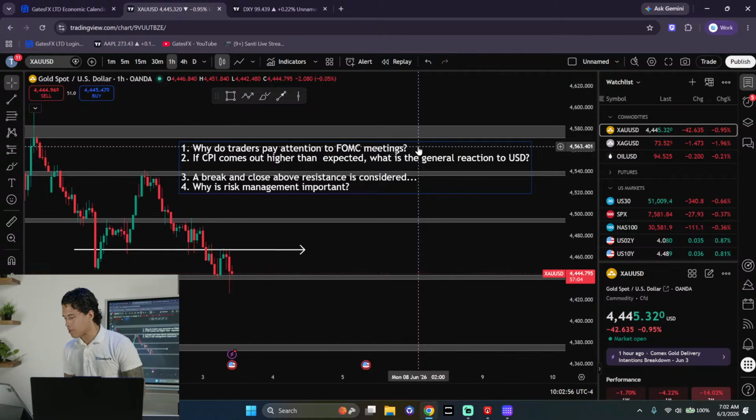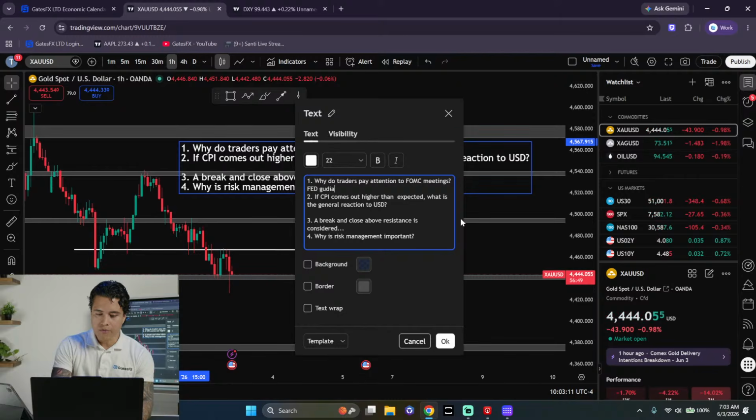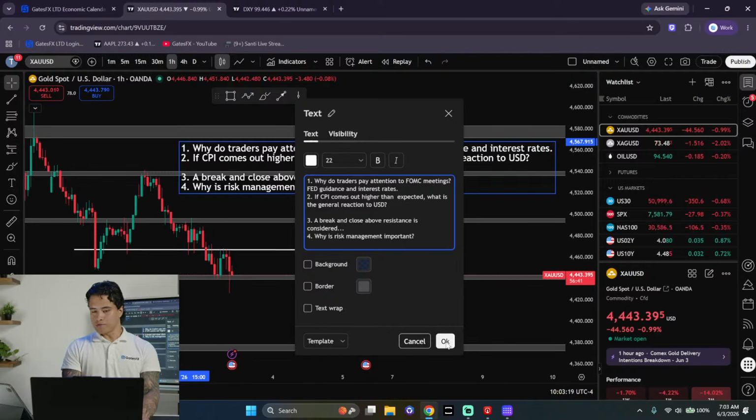Are they focusing on the labor market? Are they focusing on the war in the Middle East and the impacts that has brought to the market? So the right answer is that: interest rates and Fed guidance. So we'll write it out and everything, so that way we can even have that here. So we'll put Fed guidance and interest rates. That's question number one.